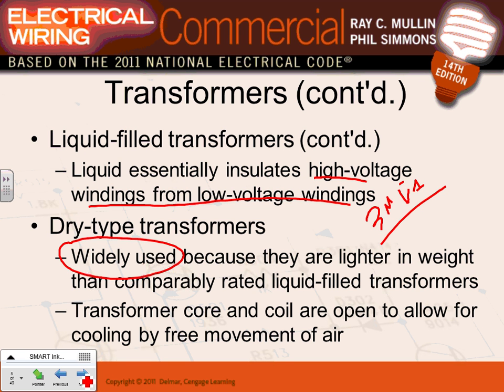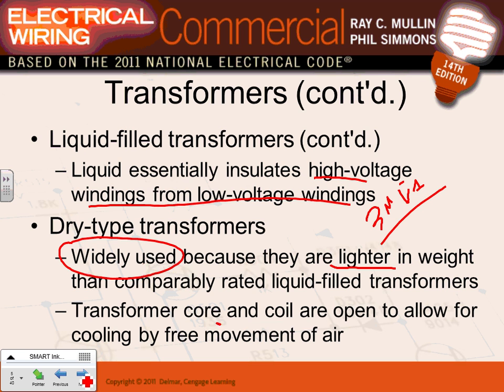I'm just going from memory for dry type. You can get them really big. You start getting into the 10 megavolt amp range, and that's liquid type. Dry types are widely used because they're lighter and less dangerous, because they don't have fluid that could ignite at a certain temperature.